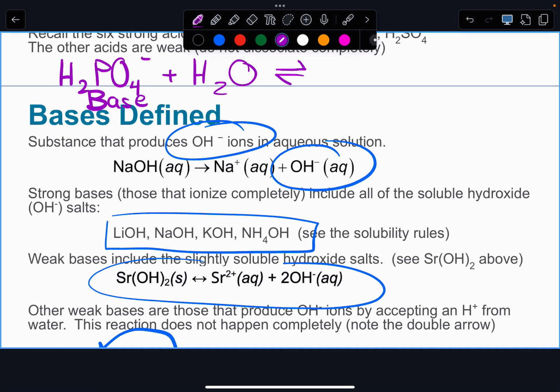So think of your two rules. Bases accept H+. Bases also should produce OH- in solution.